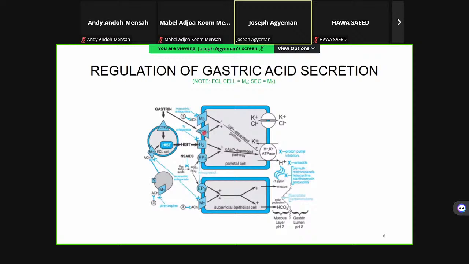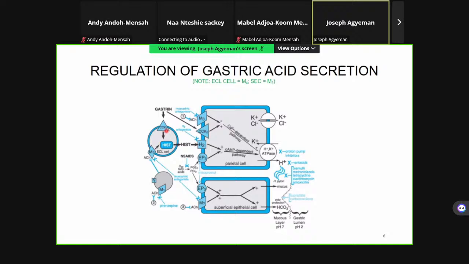What then happens if gastrin attaches itself to the CCK2 receptor on the ECL? On the ECL, there will be several inputs, the so-called signal transductions. The end result is that when gastrin attaches itself to the CCK2, there will be histamine release from the enterochromaffin-like cells.